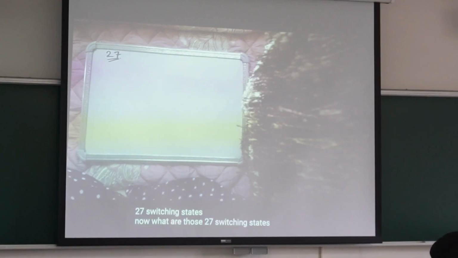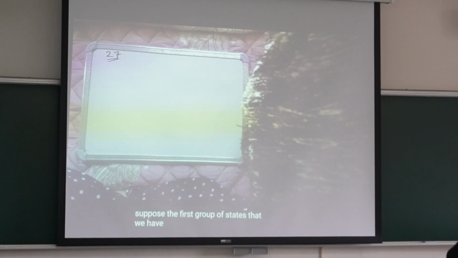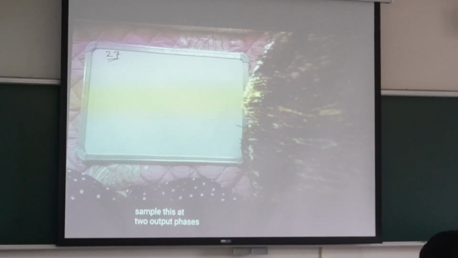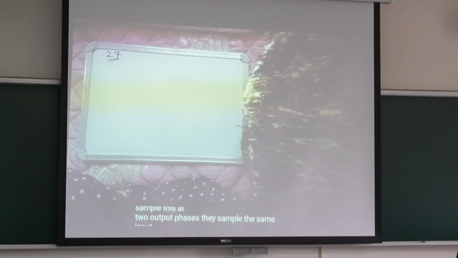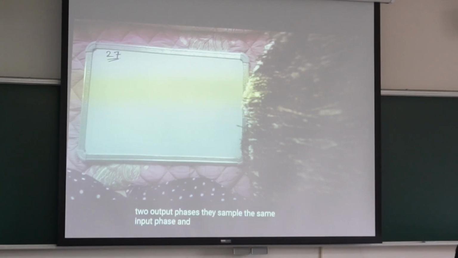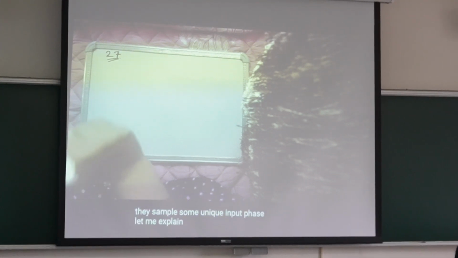What are those 27 switching states? Suppose the first group of states that we have are states that sample the same input phase at two output phases, and at the third output phase they sample some unique input phase. Let me explain.